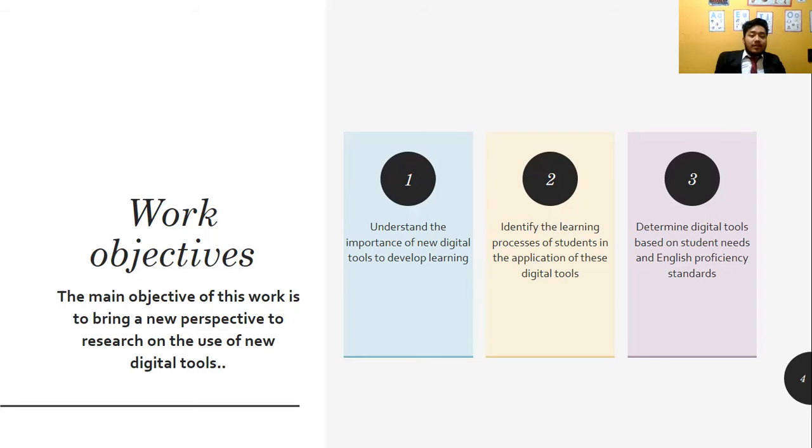Here, my first objective, understand the importance of new digital tools to develop learning. Number two, identify the learning processes of students in the application of these digital tools. Number three, determine digital tools based on student needs and English proficiency standards.